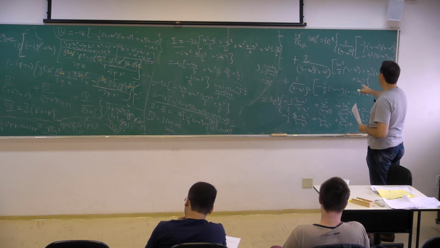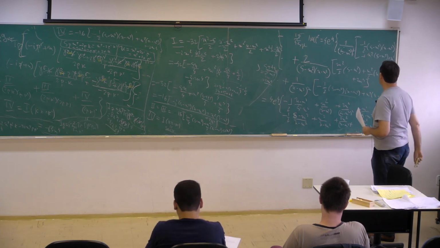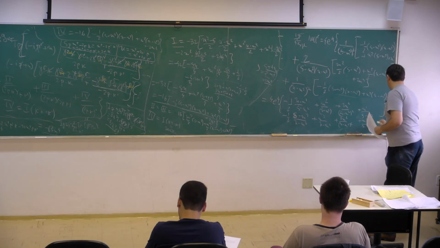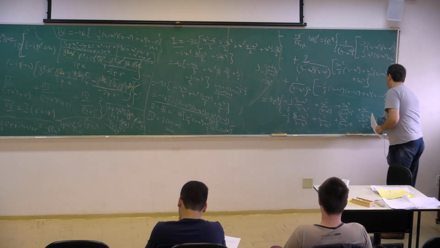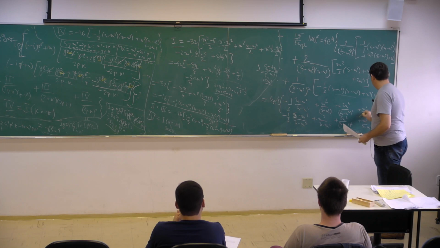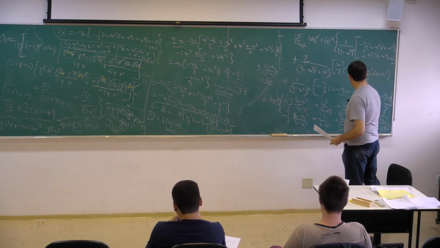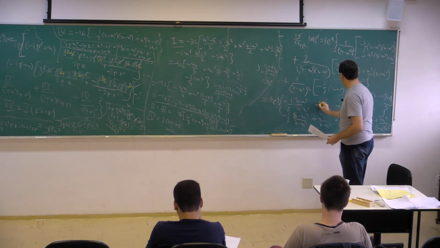And the last term is 4m squared over, 4 and 4, sorry, over (s minus m squared)(u minus m squared). This gives a factor of 2.